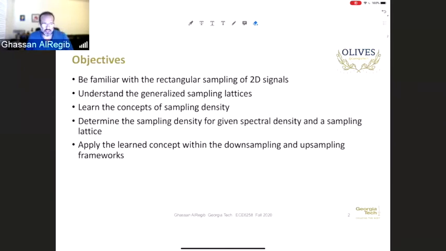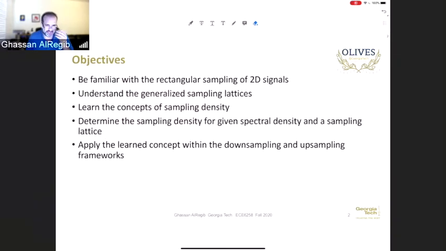The main purpose, as we all deal with digital signals and digital images nowadays, is that understanding sampling and the generalized lattices for two-dimensional sampling provides quite a bit of intuition about images and imaging in general.